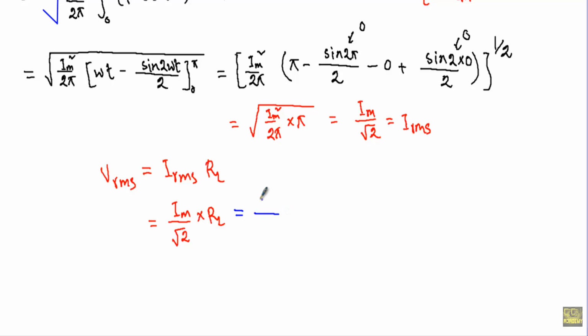So I can write VRMS will be equal to Vm divided by root 2. From here I can write our input AC power PiAC will be equal to IRMS square into the secondary winding resistance plus the forward resistance of the diode plus the load resistor RL.